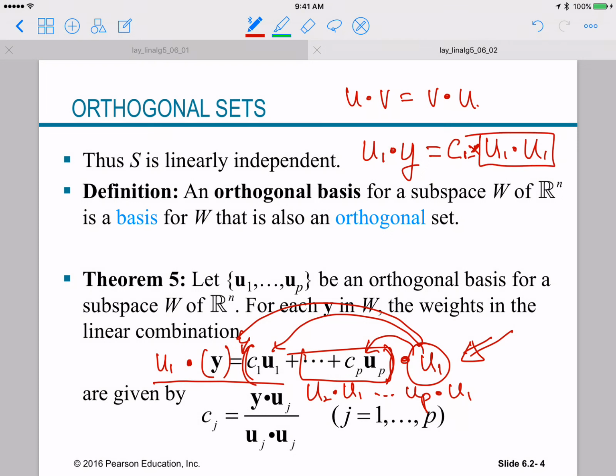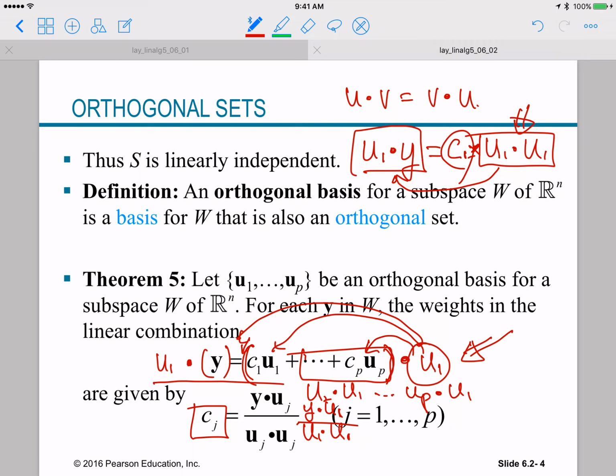These are the inner product with the same vector itself, and this is a constant because it's just an inner product, so we can simply divide each side by it. Then c1 will become the inner product between y and u1 divided by the inner product of u1 with u1.